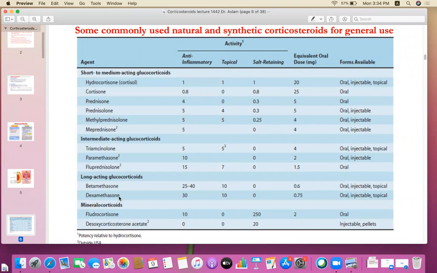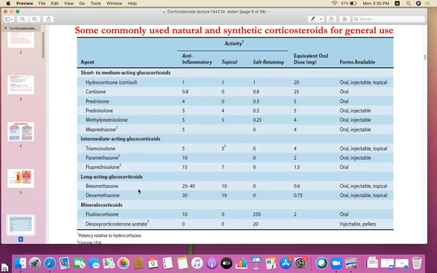And if we are using the short acting glucocorticoids, we need 3 tablets per day. So this action corresponds to the frequency of the dose. In the long acting glucocorticoids, betamethasone and dexamethasone, the patient needs to take only 1 tablet daily.